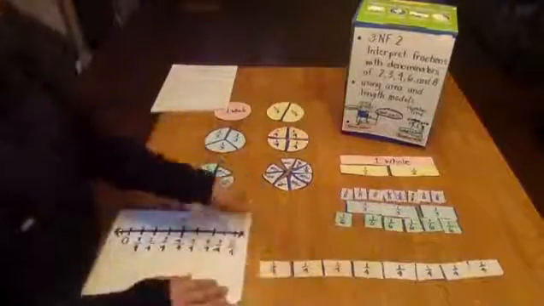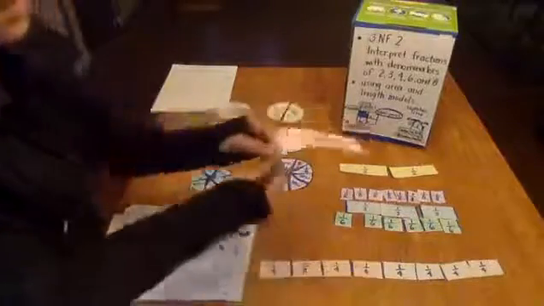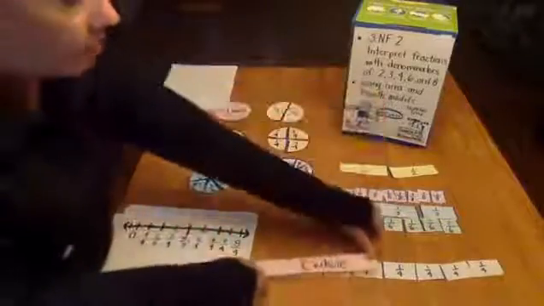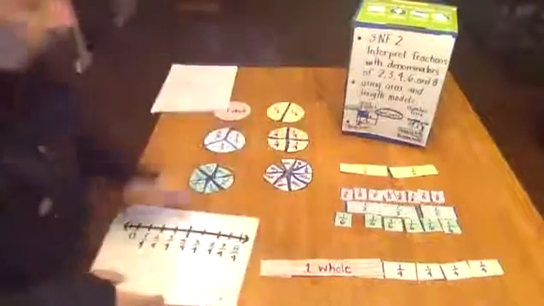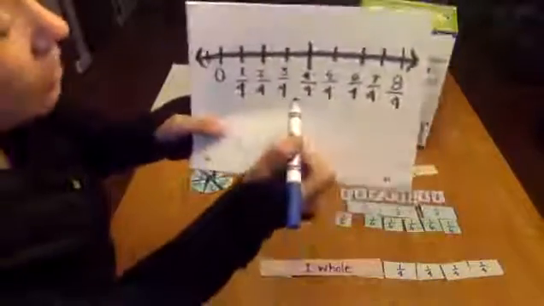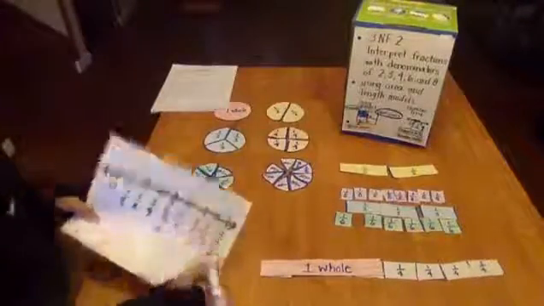Okay? But when we look at 4/4, if I take this and I lay it on top, 4/4 covers the same area or has the same value as 1 whole. So I need to make sure that I know that this right here, 4/4, is the same value as 1 foot of licorice candy. Okay?